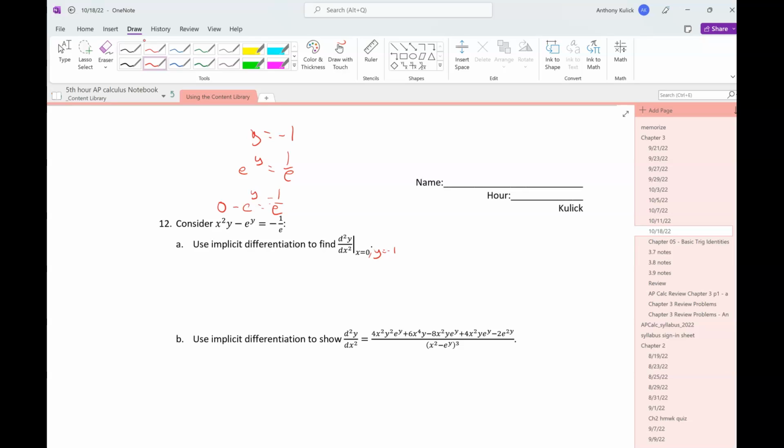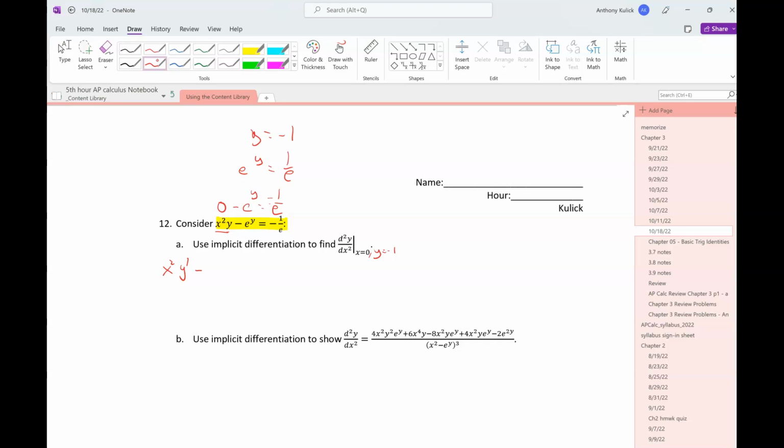All right. So now let's take the derivative of this. When I take the derivative of x squared y, I need to do the product rule. So that'll be x squared, and the derivative of y is going to be 1, and then a dy dx, I'll just write as y prime.